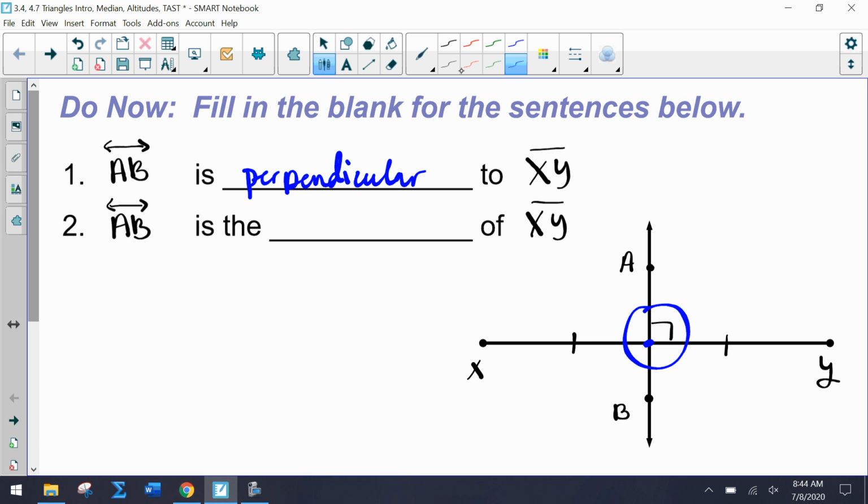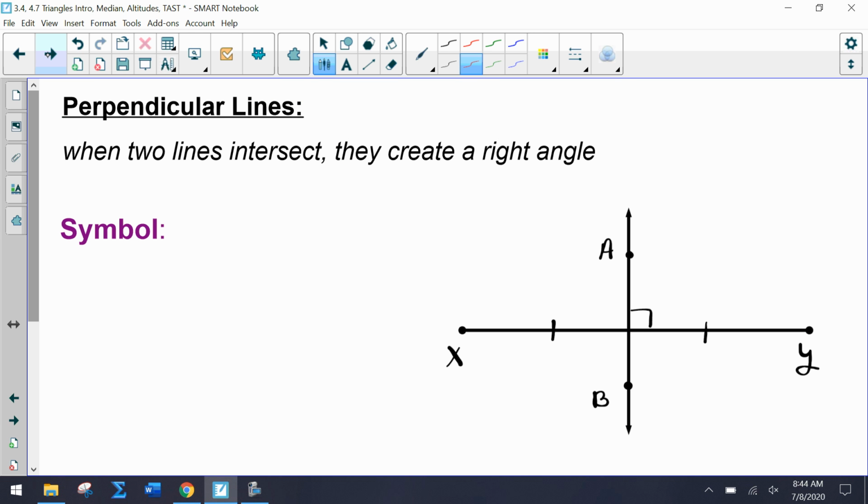And we also see, because of these congruent symbols, that line AB is the bisector of line segment XY. So perpendicular lines are when two lines intersect, they create a right angle. So in this case, we could say line AB is perpendicular to line segment XY.